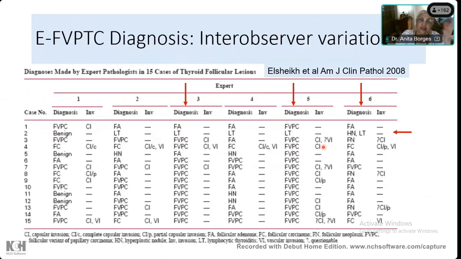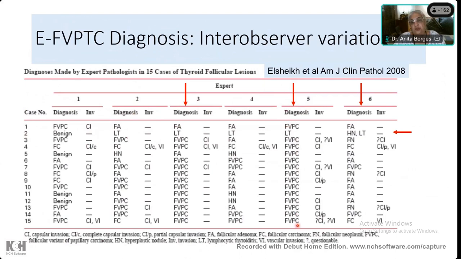Now apply the strict criteria. And once again, there were these experts. There were 6 experts this time, and there were 15 lesions that they had to look at. And I will just show you expert number 5.